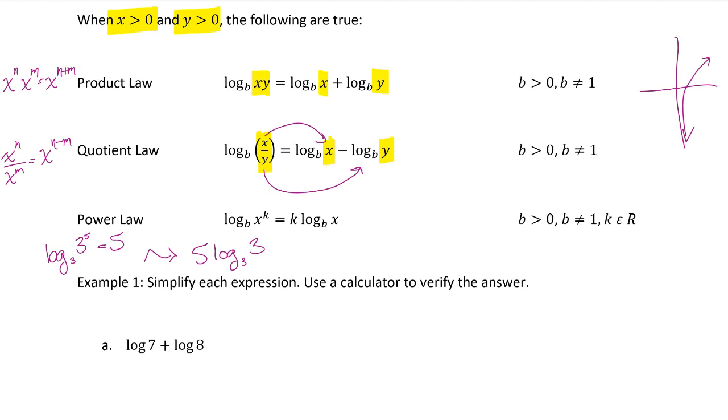Using this law to bring the 5 out in front, anything to the power of 1 is itself. So now I'm left with this whole piece being equal to 1, and all I'm left with is the 5, which is what I had said it was equal to to begin with. So that's where that law stems from.